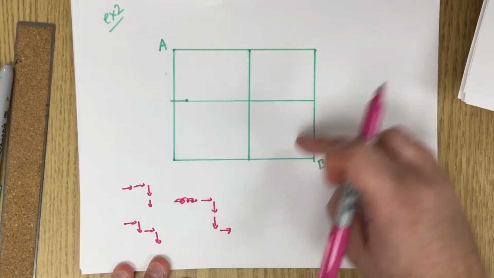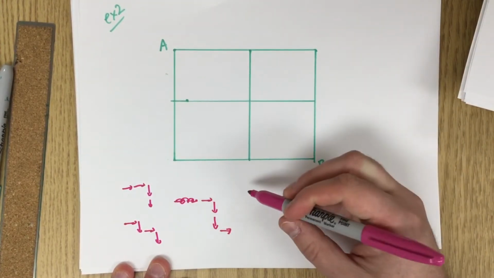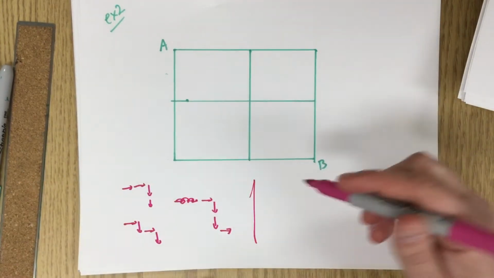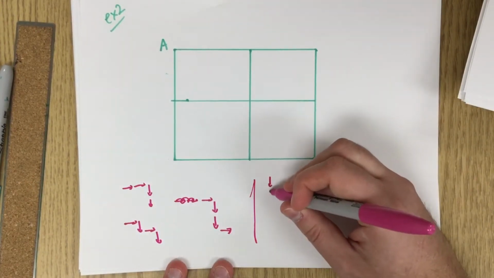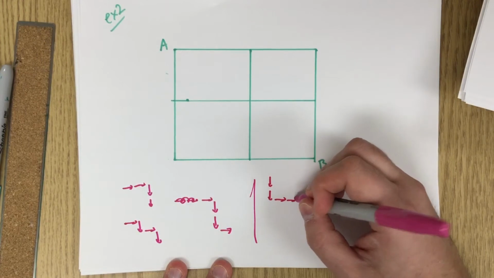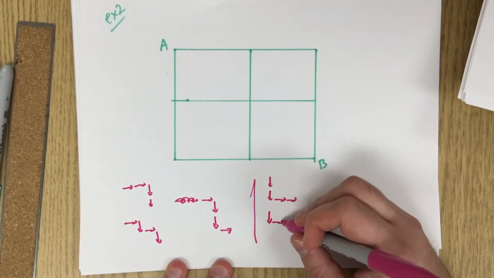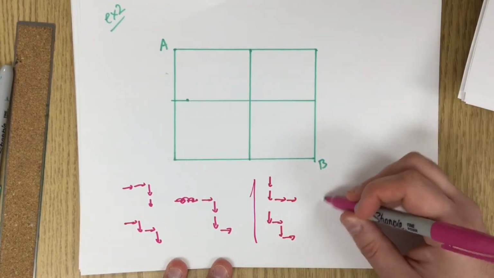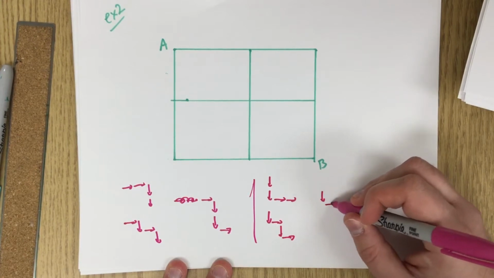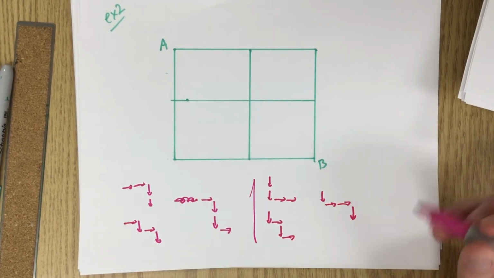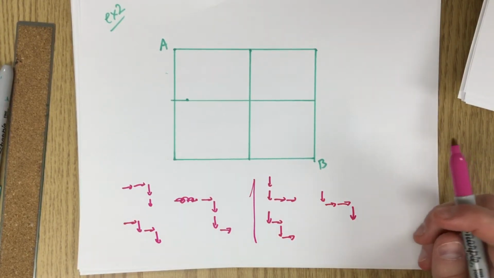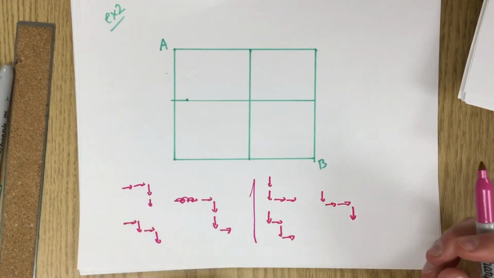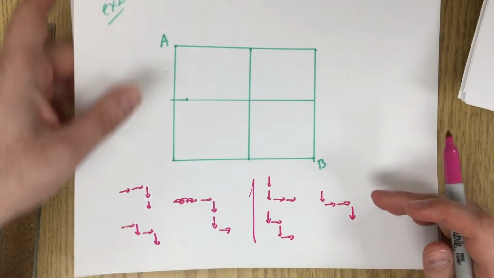Right, down, right, down. Right, down, down, right. And then we could do the symmetrical ones going down first: down, down, right, right; down, right, down, right; or down, right, right, down. And that's it. There's a total of 6 ways to get from A to B. Okay, we'll come back to that in a second.